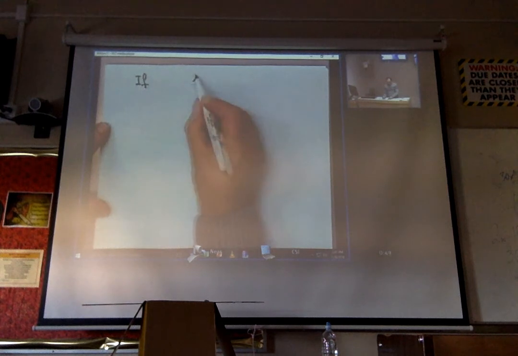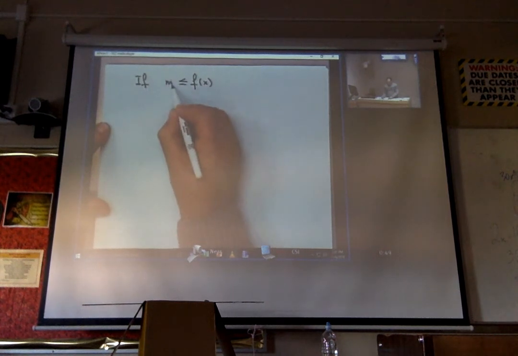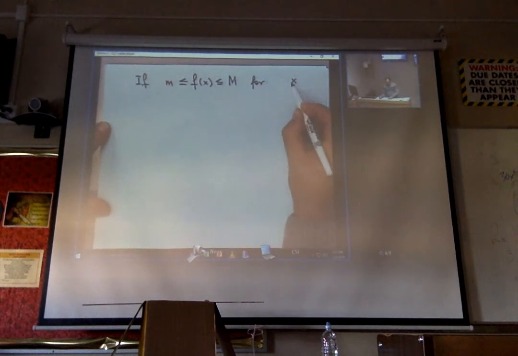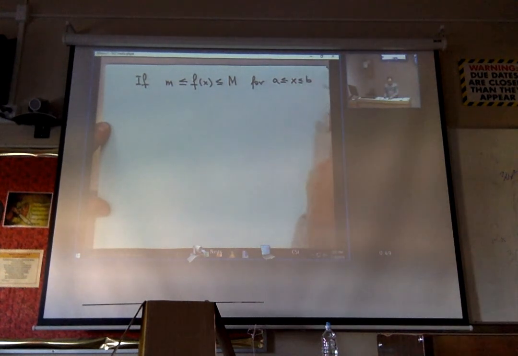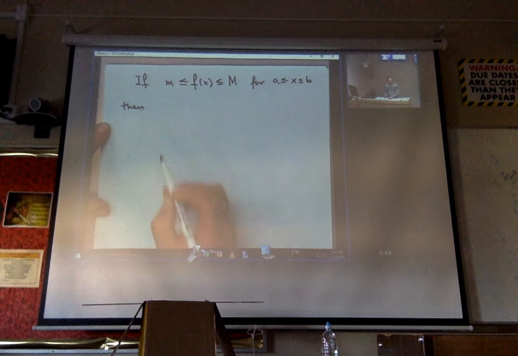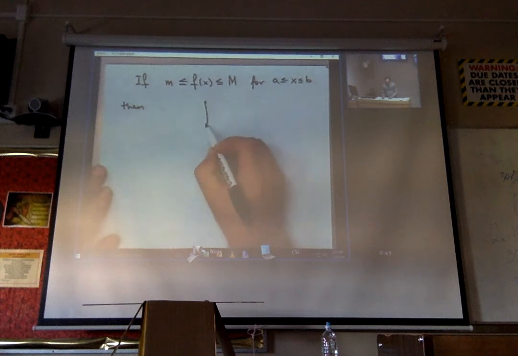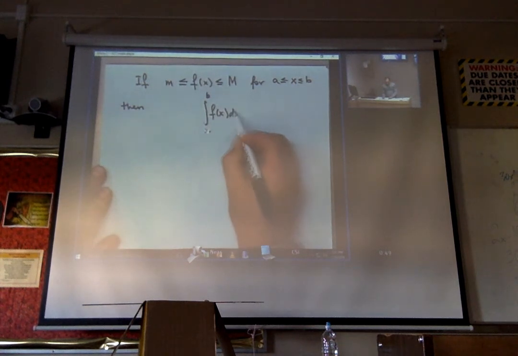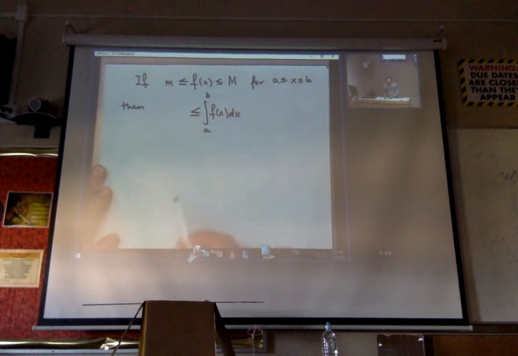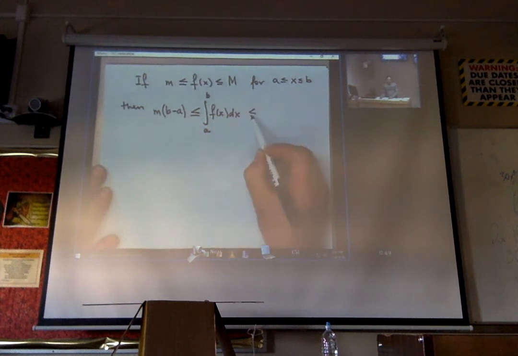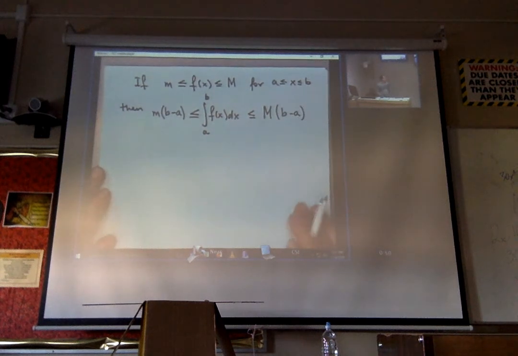So this one says this: if f of x is greater than or equal to lowercase m and less than or equal to uppercase M on the same interval, then, and I'm going to write what that is because it's a little bit difficult to predict, the integral from a to b of f of x dx will be greater than or equal to little m times b minus a, and less than or equal to big M times b minus a.